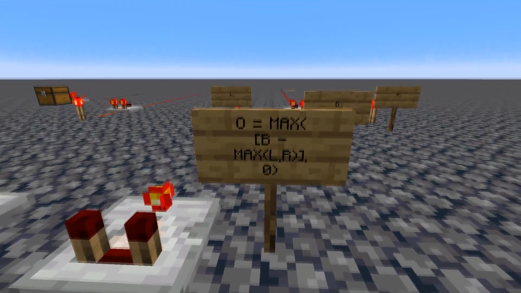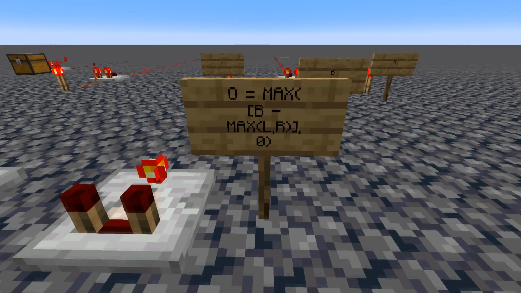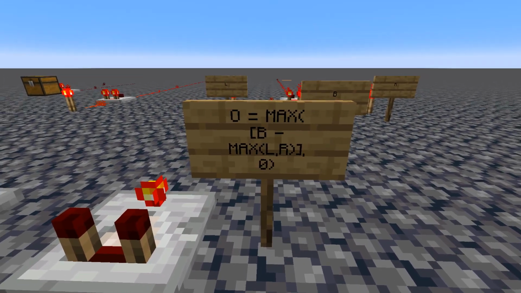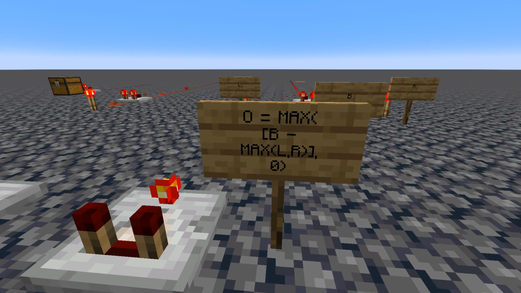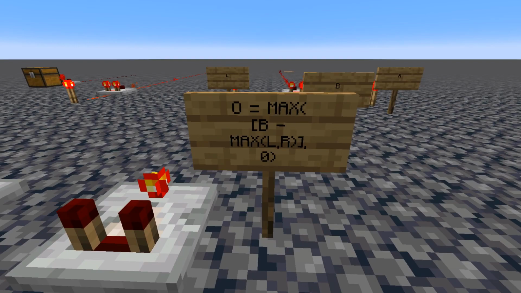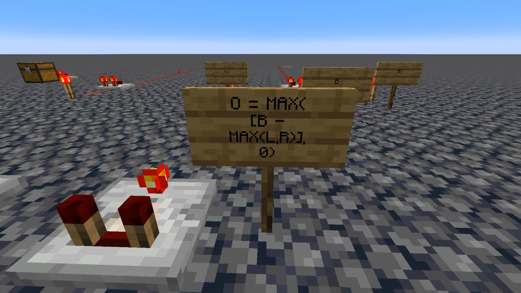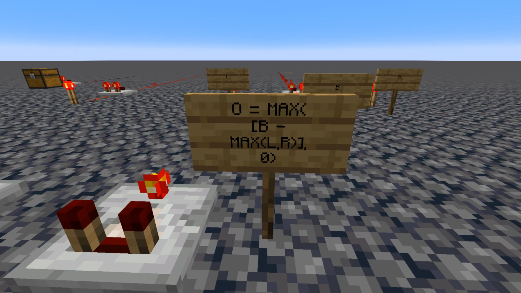So essentially what ends up happening here is the first term of the max function can be a positive or a negative number. If it's positive, then the comparator itself will provide output of some kind. Obviously, if it's 0, it won't do anything.